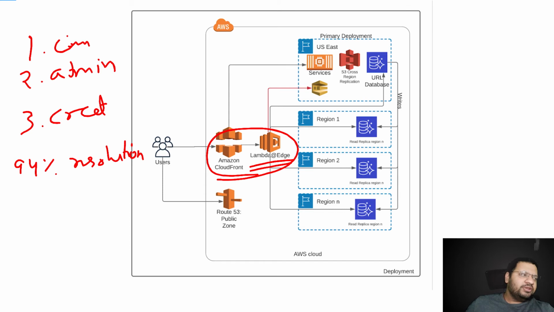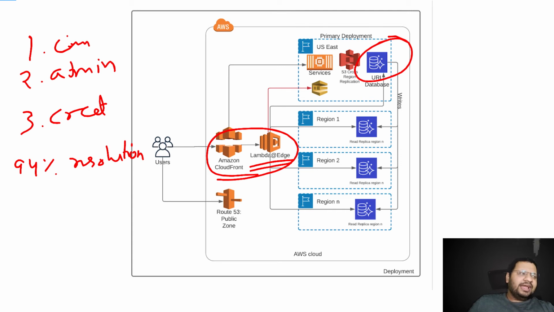Before we move into the actual flow, for the database part, we would be deploying read replicas across different regions. The primary database for the initial deployment, for the current set of requirements, will be held in my primary deployment region, where all the services are deployed.